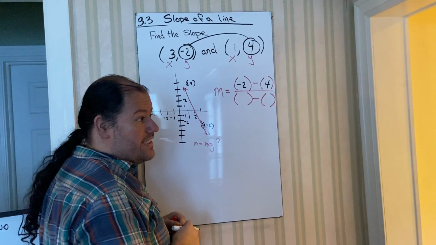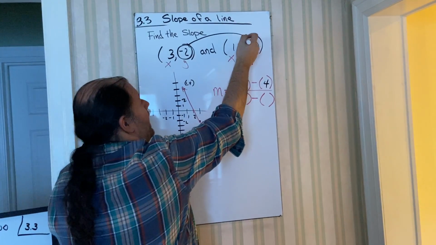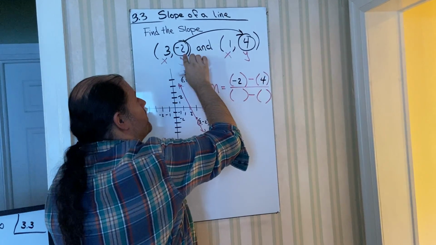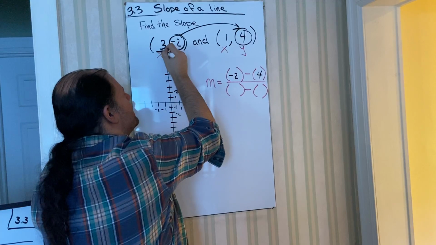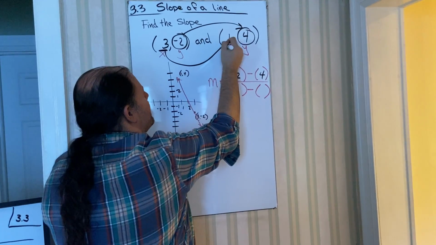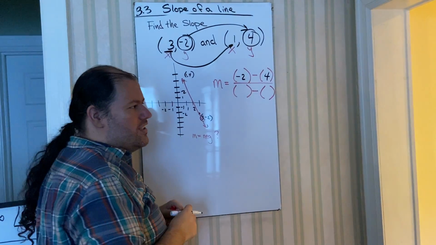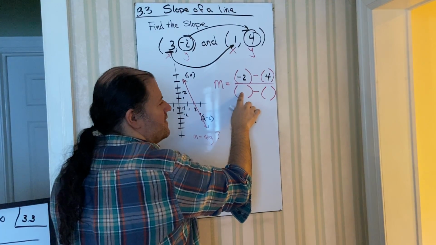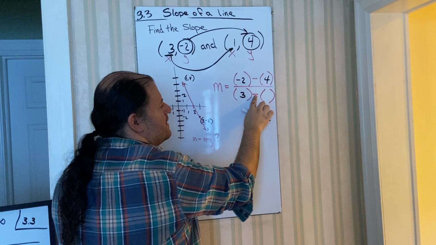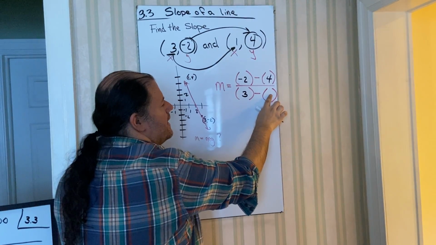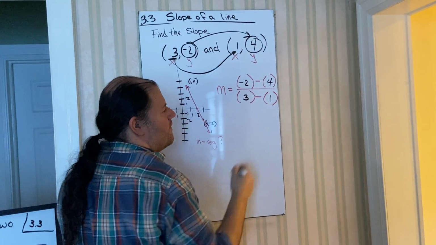Now let's see how our x's change. Remember, we have to go in the same direction. So if I went from here to here, I'm going to do the same thing for x's. So let's see, I started as a 3, and I changed to a 1. Remember, x's go down here. Started as a 3, changed, that's why it's subtraction, and I ended up as a 1.